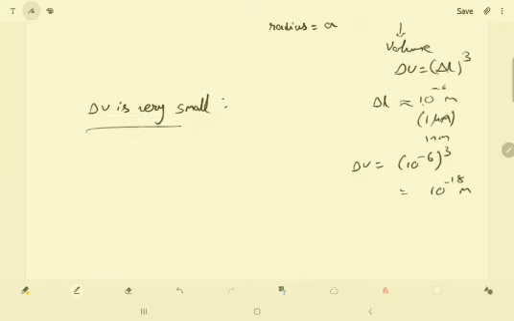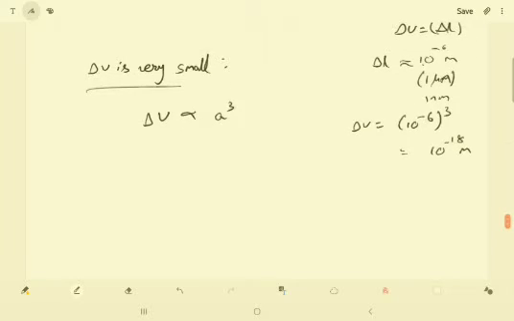As delta V is very small, delta V is directly proportional to a cube. Why is it directly proportional to a cube? Because delta L is small.